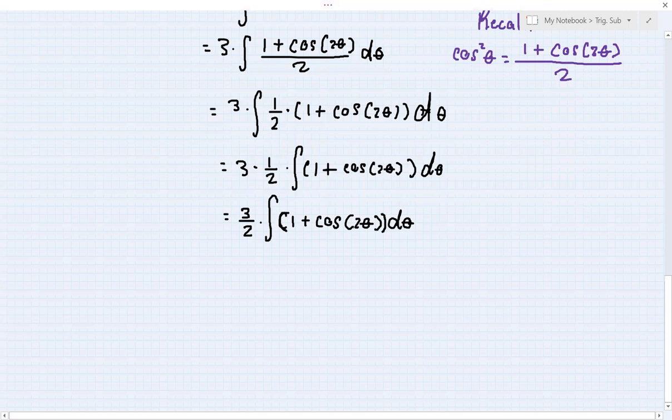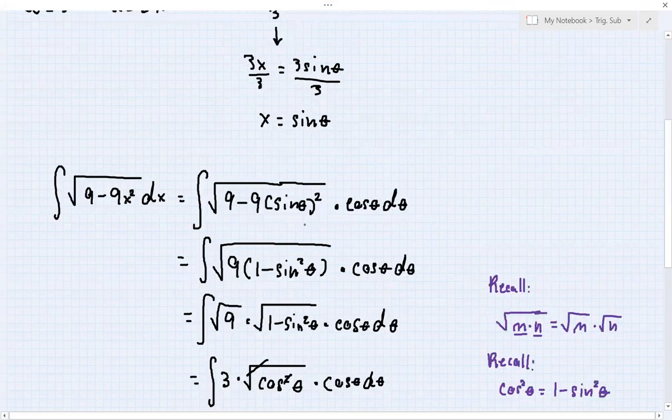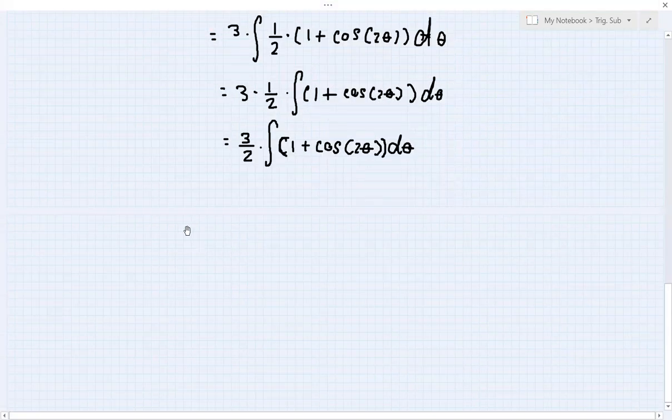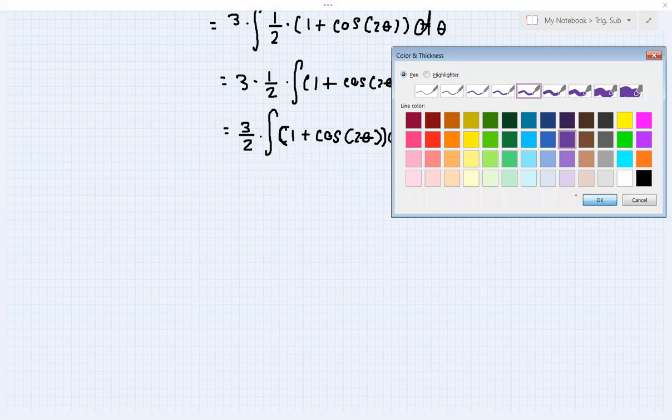So, meron na tayong simplified version ng given problem natin. So, from this into this. So, it's a long process. So, ang gagawin natin dito is integration na. Kasi, this is already good to go na.